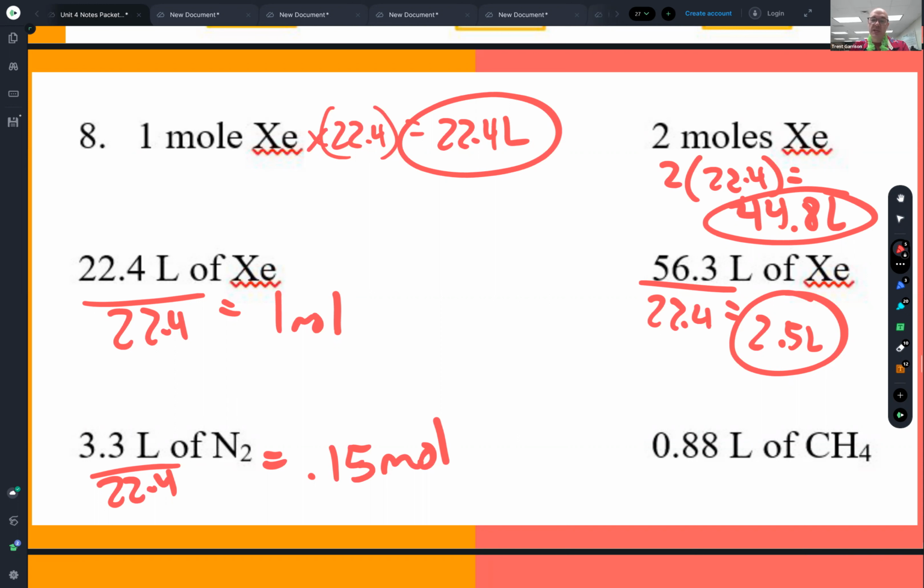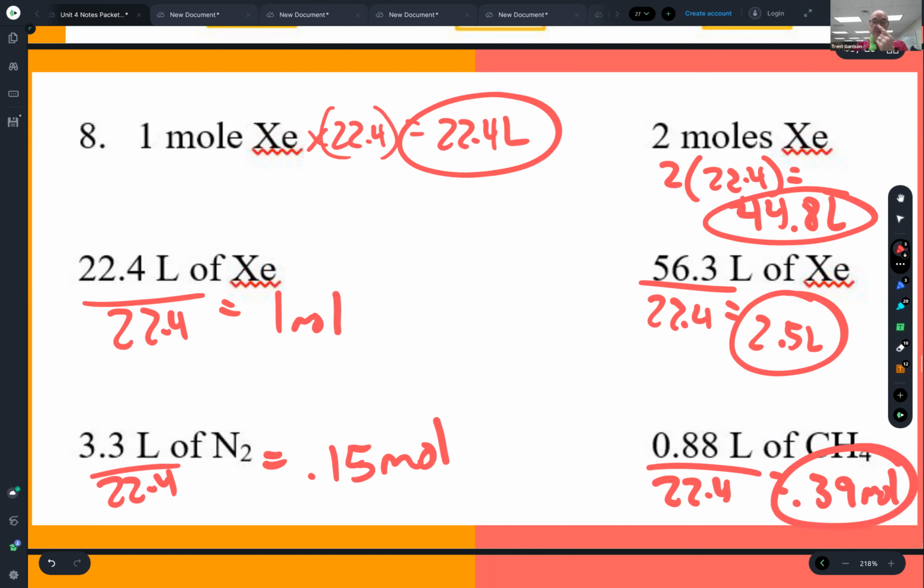All right, and this last one, I'm given liters again, converting it into moles, 0.88 divided by 22.4, you get 0.39 liters, moles, sorry. All right, so now I've introduced 2 different ways in which we can convert. We can go moles to grams, we can go moles to liters.